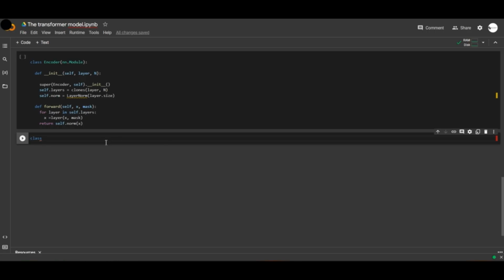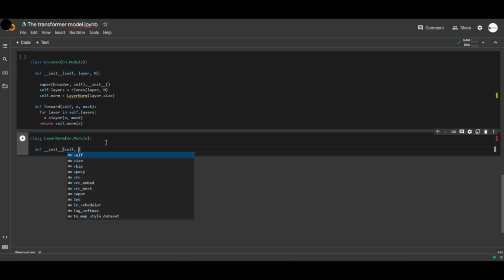So we have layer norm, and we say nn.Module. Then we say def __init__. We take in self, we take in features, and we take in epsilon.